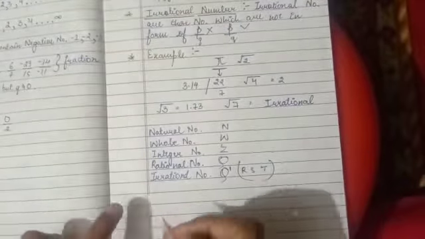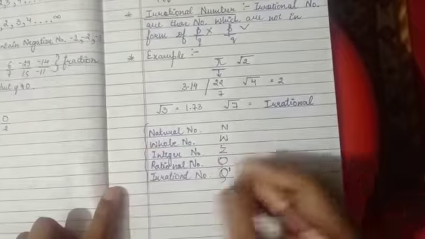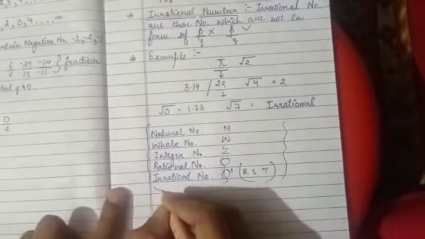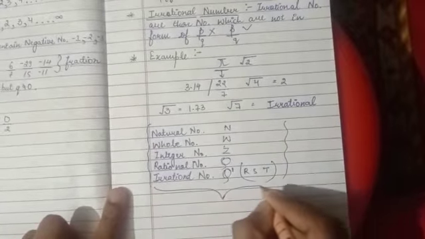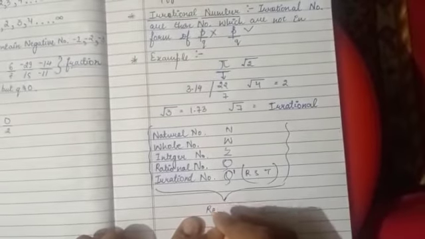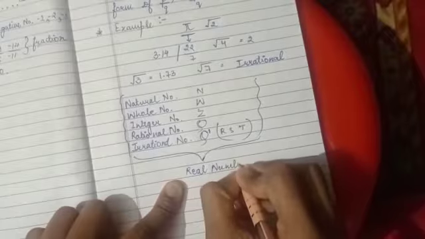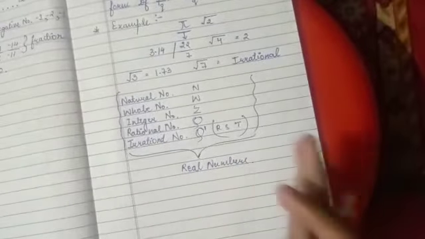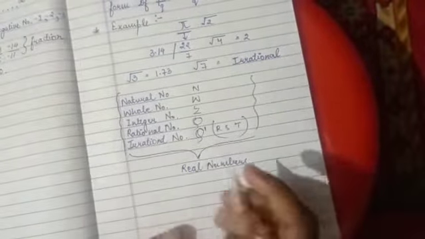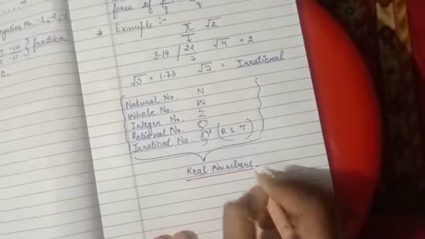And by combining, if we combine all these numbers, they form a very special number which is known as real numbers. Okay, got it? What are they known as? If we combine all these numbers, they form real numbers.